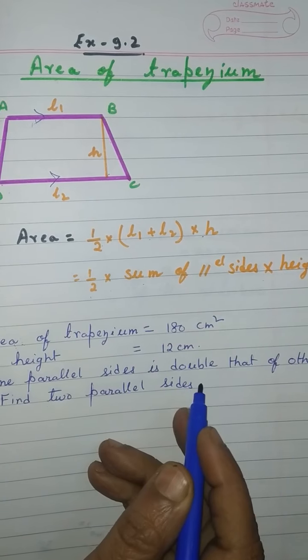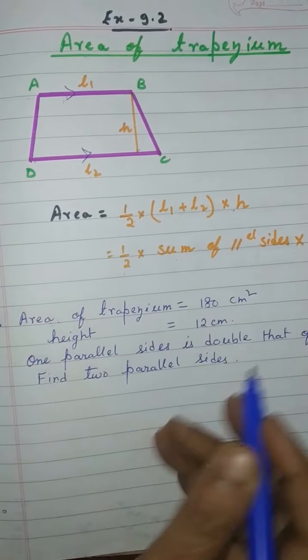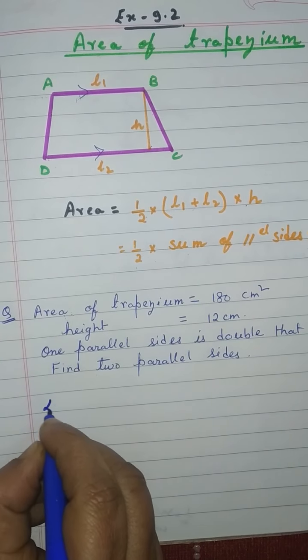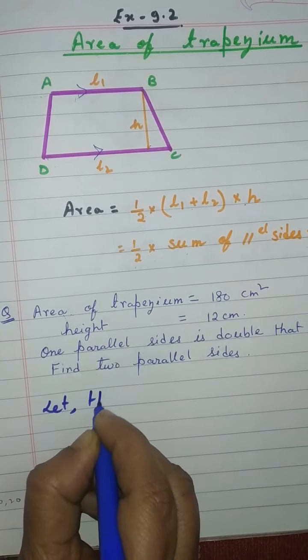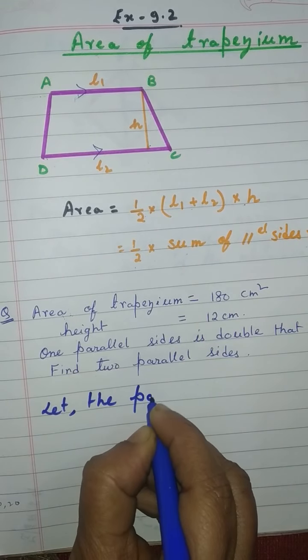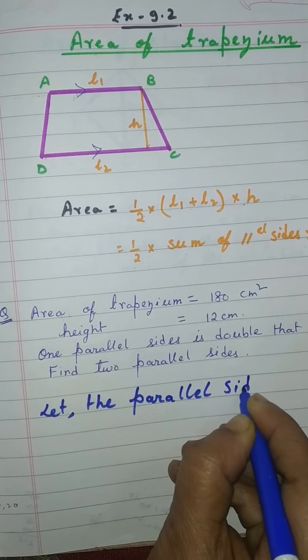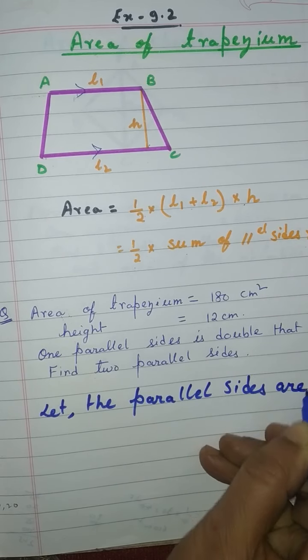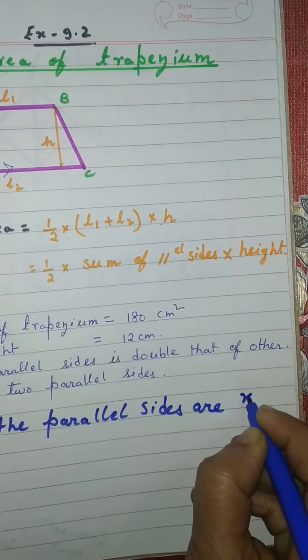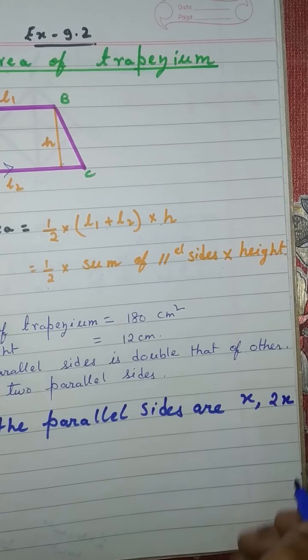So we assume that the parallel sides are: one is x, the other is 2x.